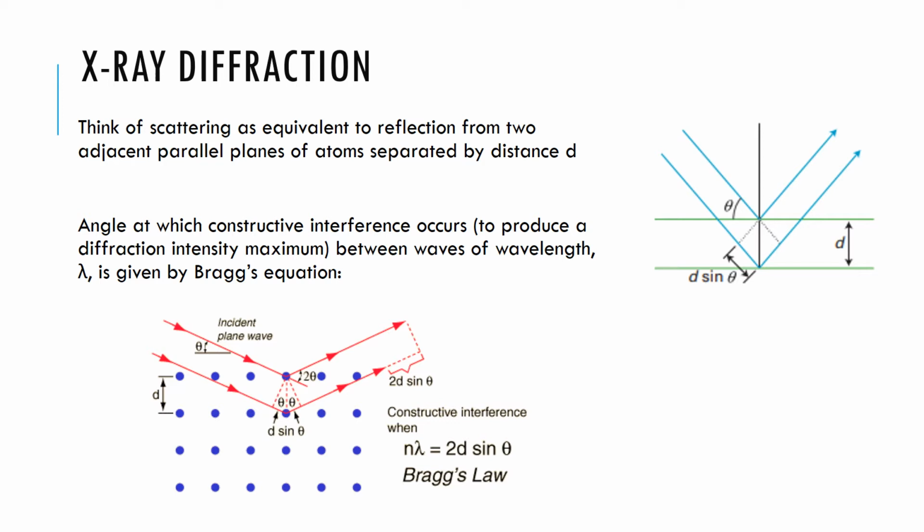Now, when the incident X-ray waves strike these two planes of atoms, we can get both constructive and destructive interference. We're interested in the angle at which constructive interference occurs because that produces a nice maximum in our diffraction profile.